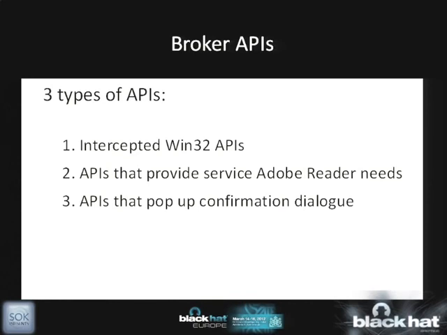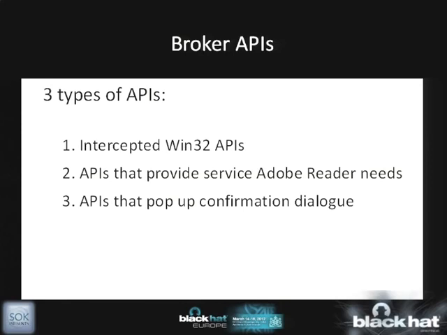Win32. Then you have the APIs that provide services Adobe Reader needs, for example, executing a file out of a whitelist, things like this. And the third category is APIs that pop up a confirmation dialog. For example, when you manually disable protected mode, it pops up a confirmation dialog that asks if you really want to do that.